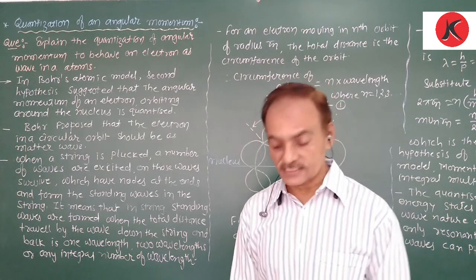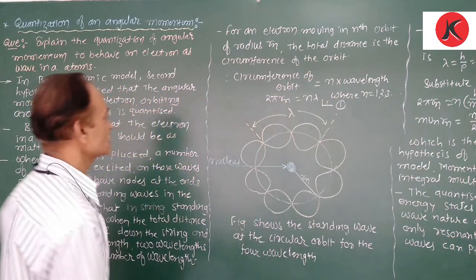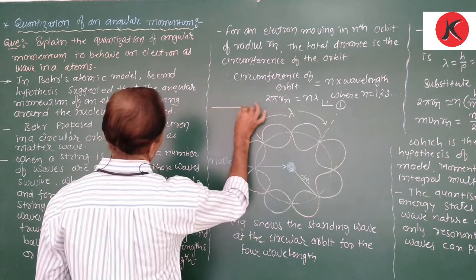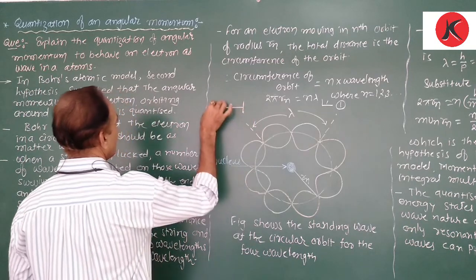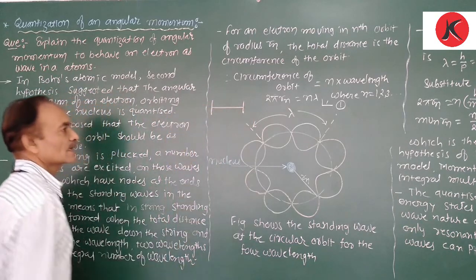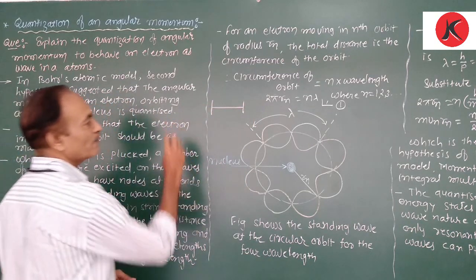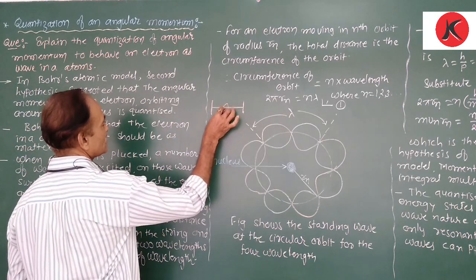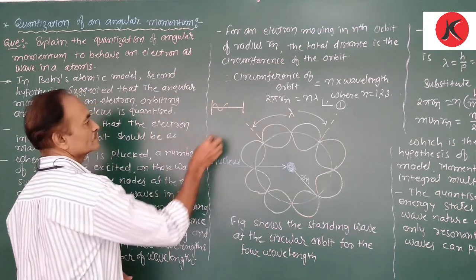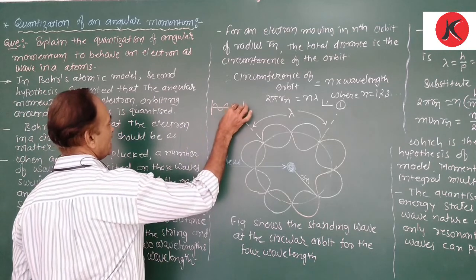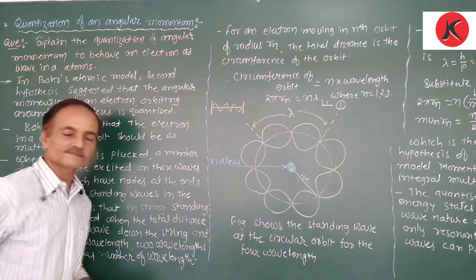We also discussed the wave produced in a string. So there is a string tied at both ends, or both ends of the string are fixed. If a disturbance is produced at any point, waves are generated and propagated in both directions.